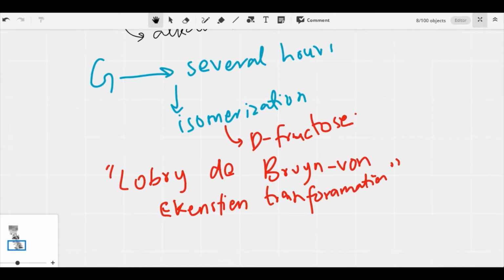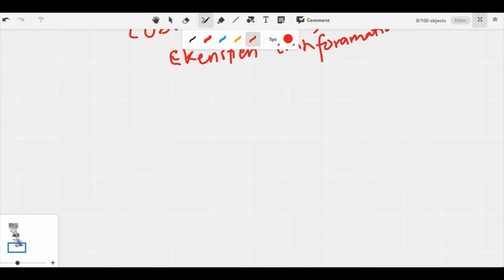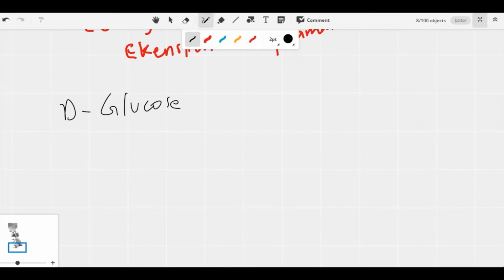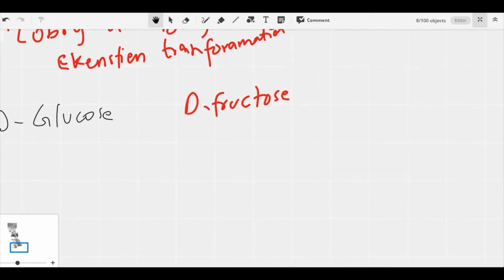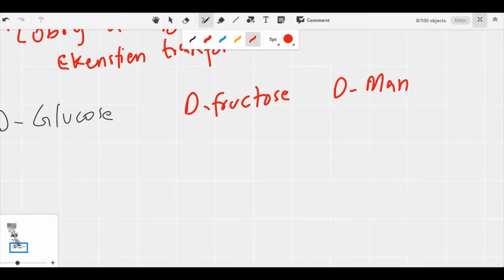How is it possible? I am going to show you three different structures. The first one is D-glucose, the other one is D-fructose, and the third one is D-mannose.